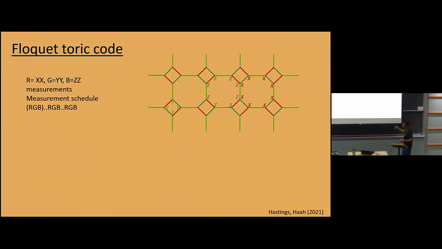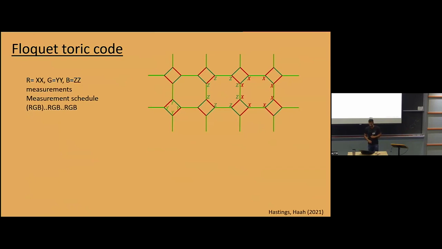And here you have these three colors of edges, and you can define an XX measurement on the red edge, a YY measurement on the green edge, and a ZZ measurement on the blue edges, and you can just do red measurements, then green, then blue, red, green, blue, and so on. So that's your measurement sequence.